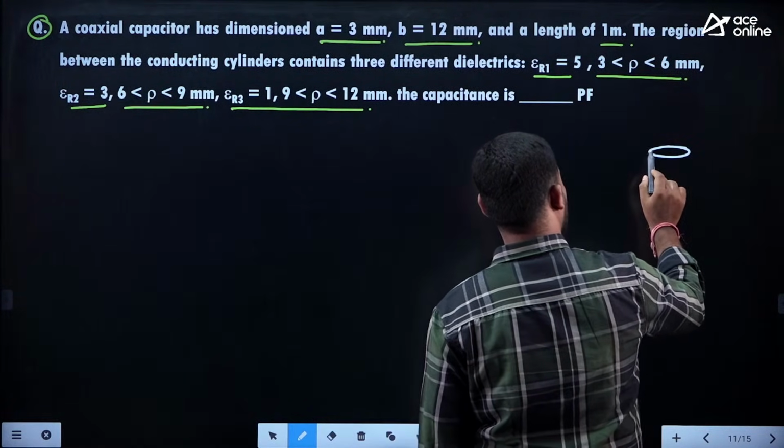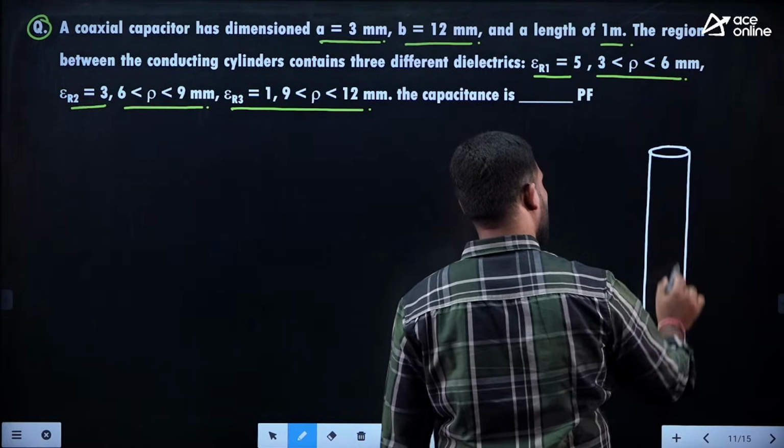So it is the inner cylinder, this is the outer one.